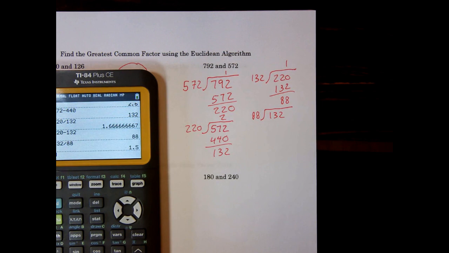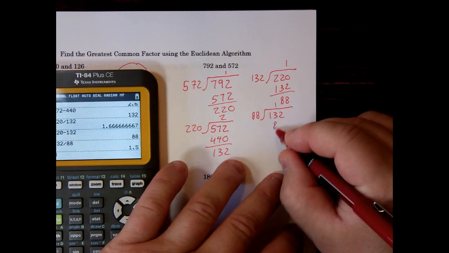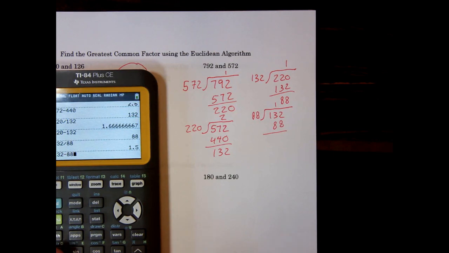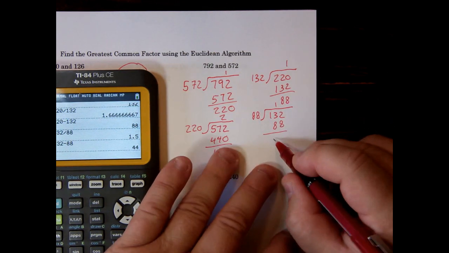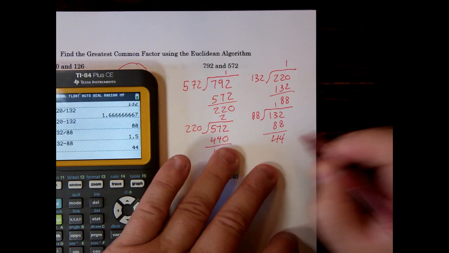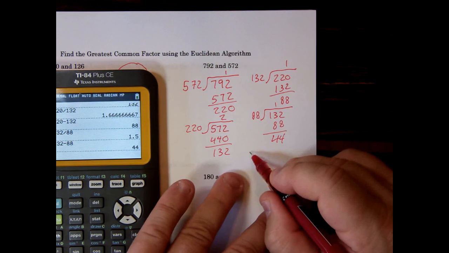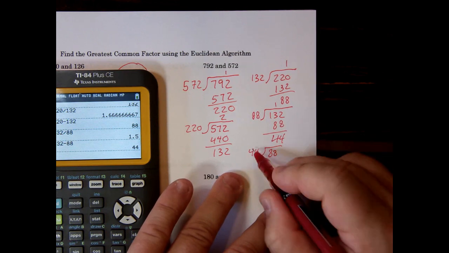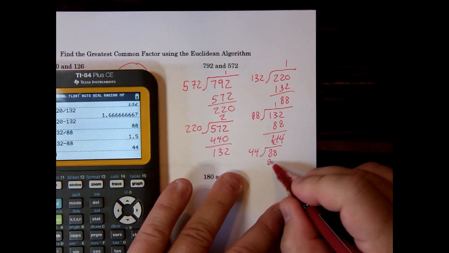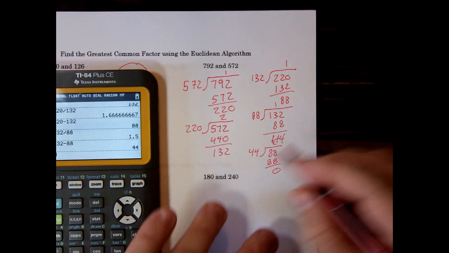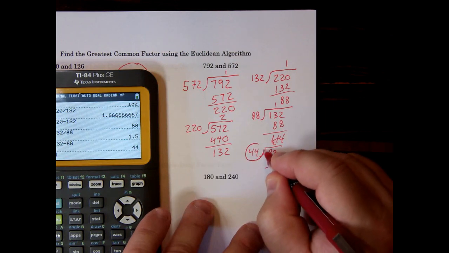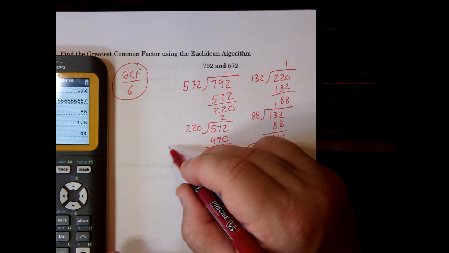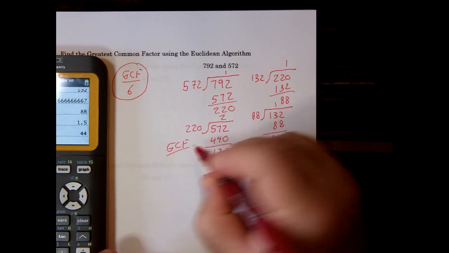Again, that's another 1, so 88. 132 minus 88, 44. So how many times will 44 go into 88? And that's twice, exactly, and no remainder. So there's your greatest common factor. So the GCF is 44.